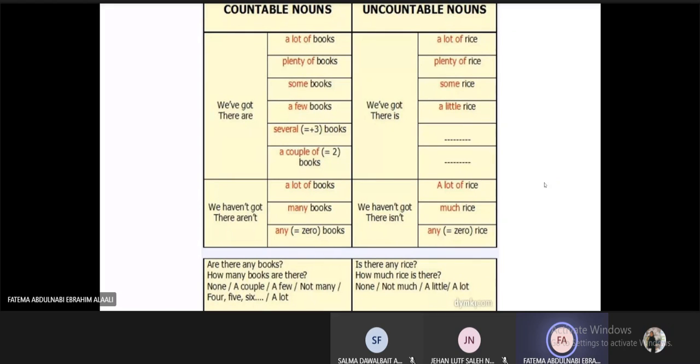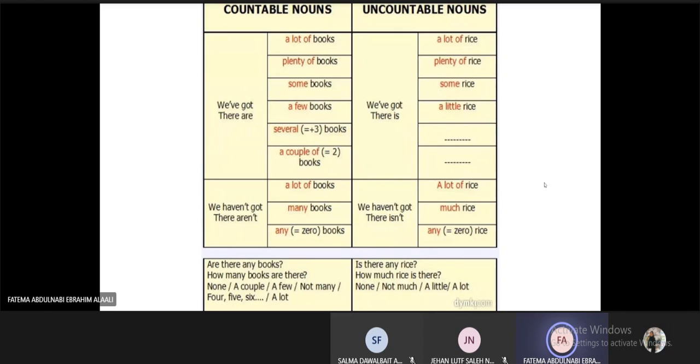Also, we can say there are plenty of books, okay? And we can say there is plenty of rice. So plenty of, we can use for both countable and uncountable. As well for some, we can say some books, some rice. Also for a few, we can say a few books, and we can say a little rice, okay? So a few is only for countable nouns, okay?